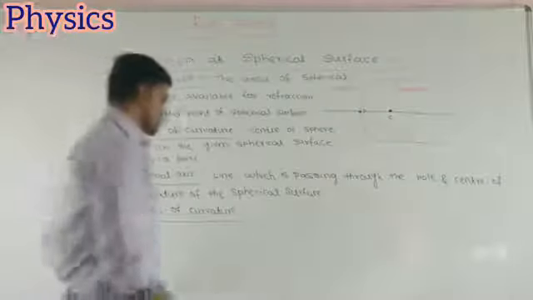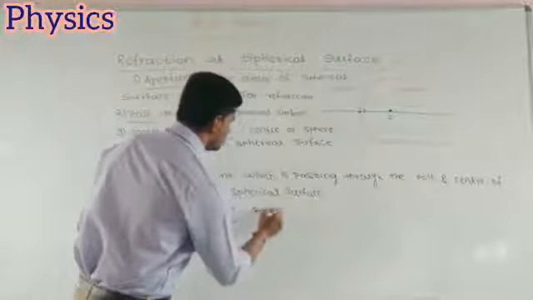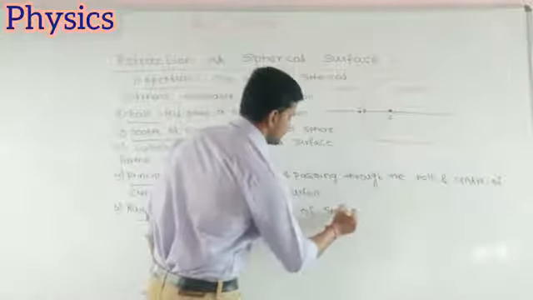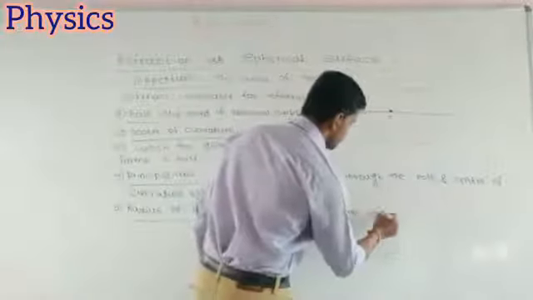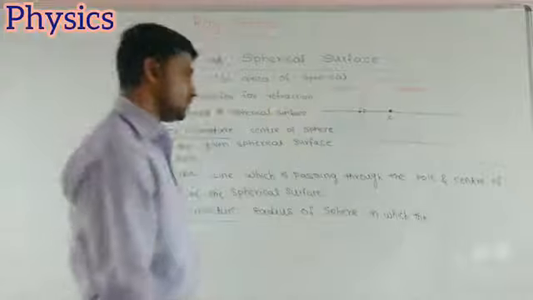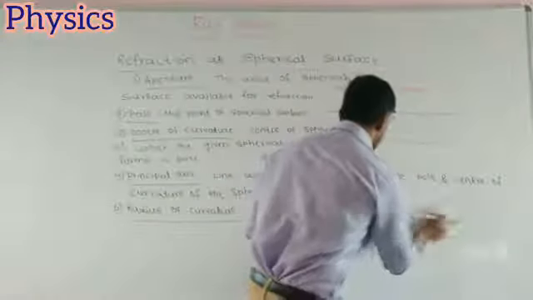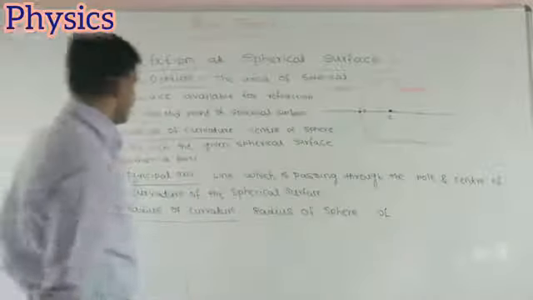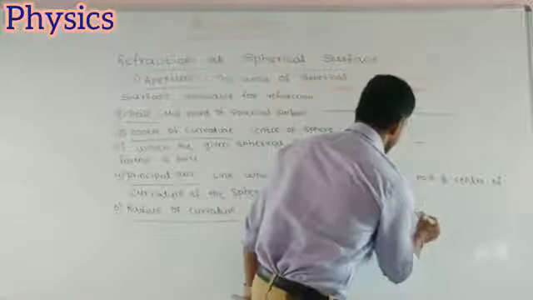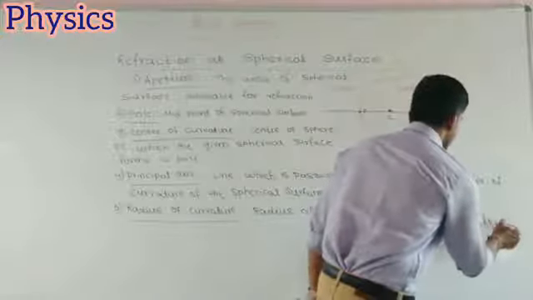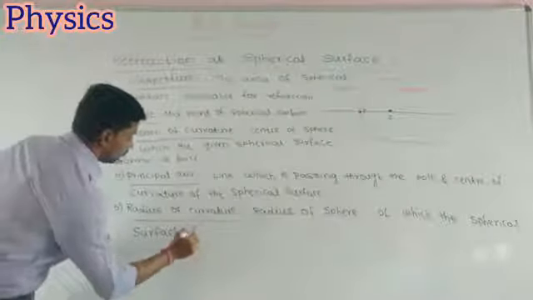Radius of curvature is nothing but the radius of a sphere of which the spherical surface forms a part.